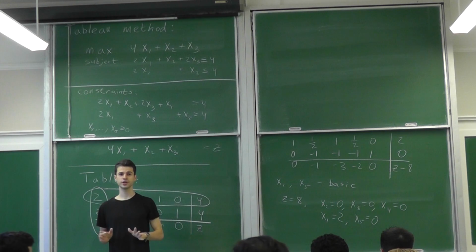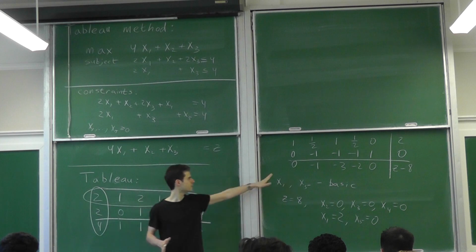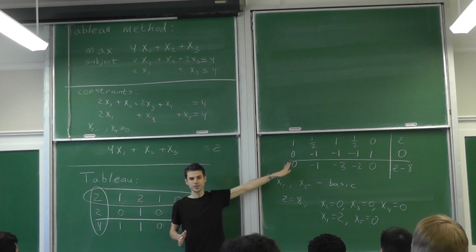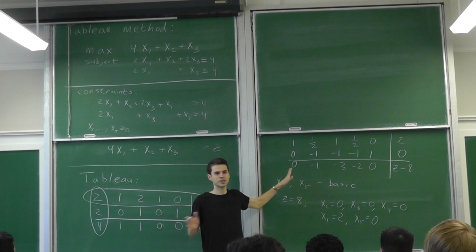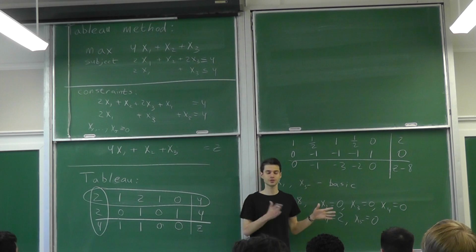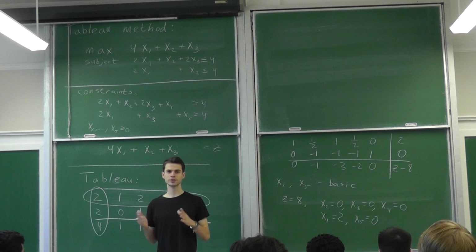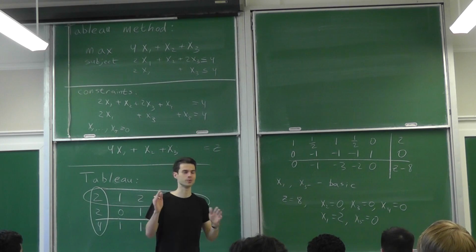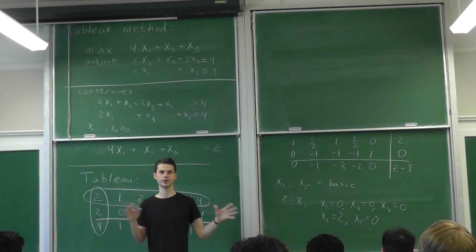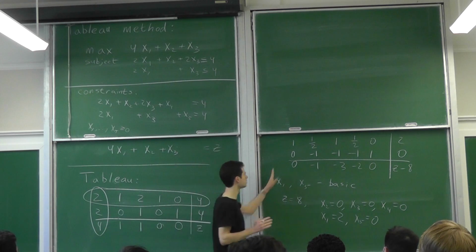So basically this method is as good, if not better, than the previous method of using the dictionary. In a way, it involves fewer manipulations going from left side to right side, remembering which variable enters which.